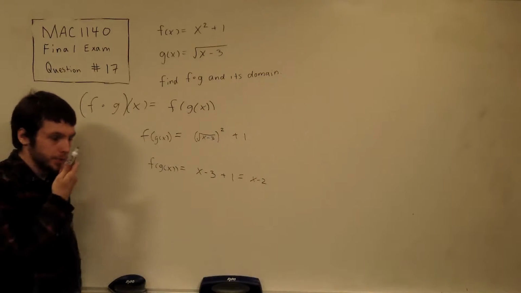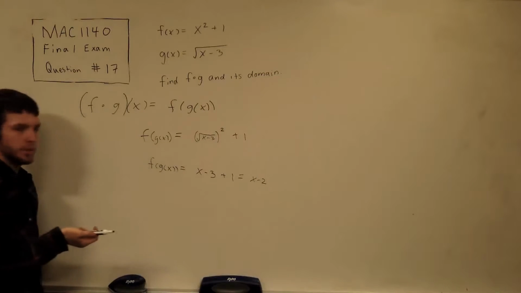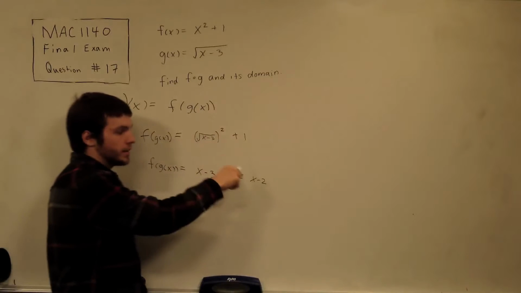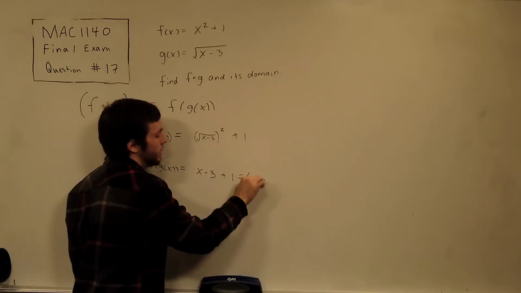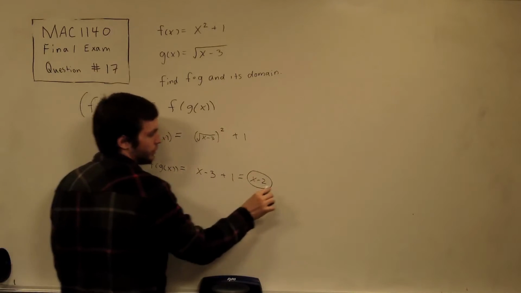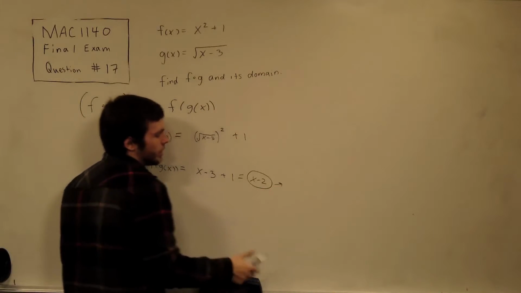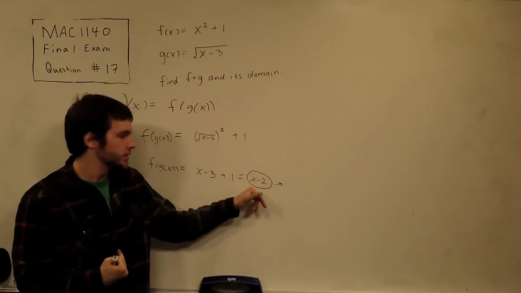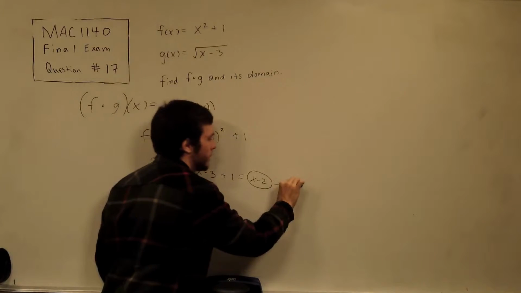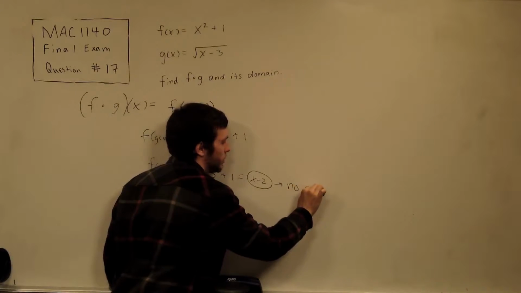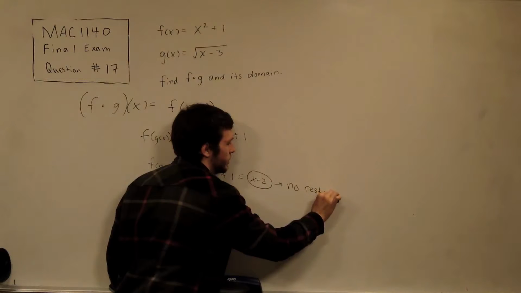All right, and now the domain. When you have the domain of a composition, you need to consider the domain of the final product, which is this thing. In isolation, this thing has no domain restrictions.